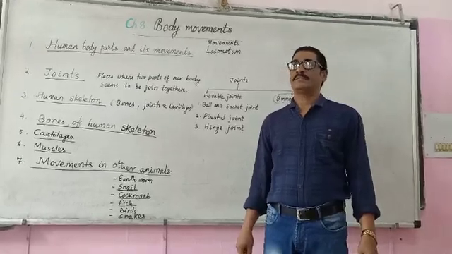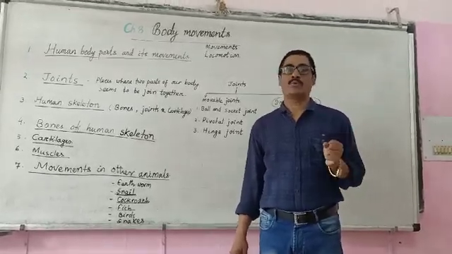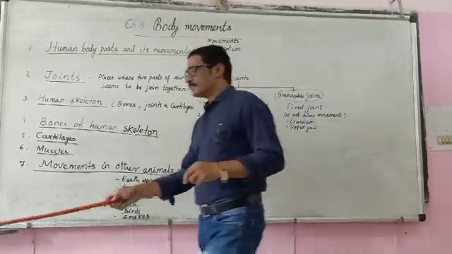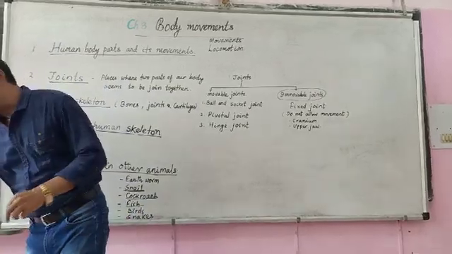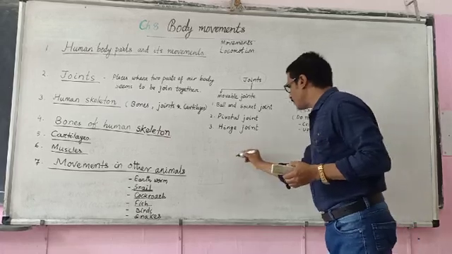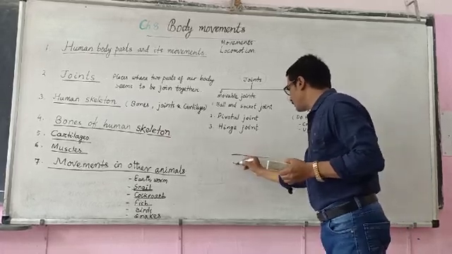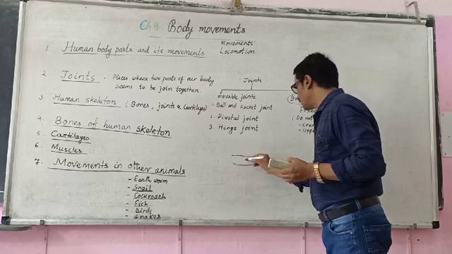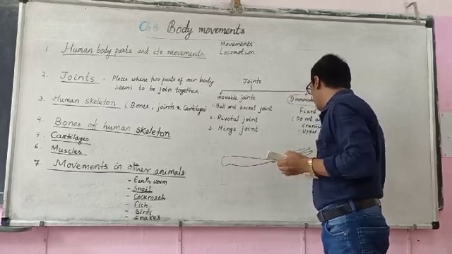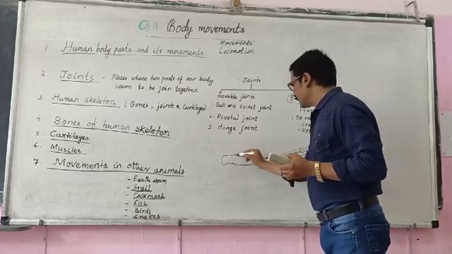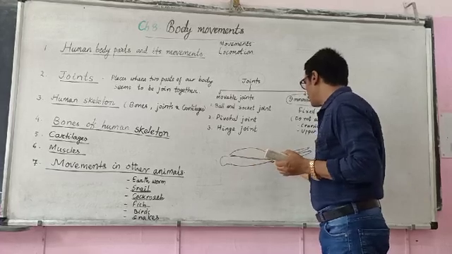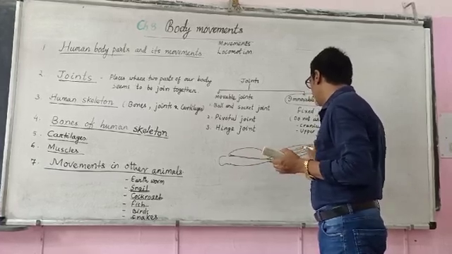To move the body, the muscles have to pull the bones so that our body parts move. For example, suppose you bend your arm. The arm consists of two bones, you know. Here you find muscles, and here also muscles.